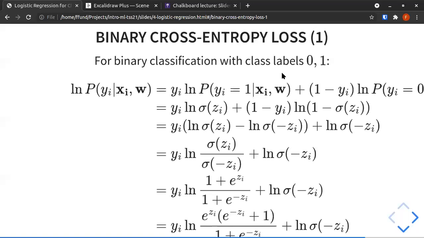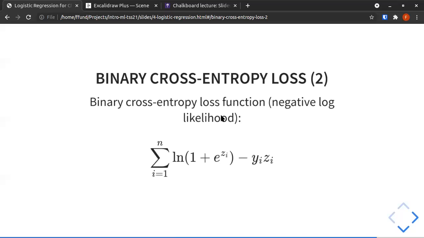So this sum tells us the probability of belonging to either class. Then we plug in that sigmoid, and we can arrive at the following expression. So this is the value of the negative log likelihood loss function for binary classification. This is a quantity we want to minimize.